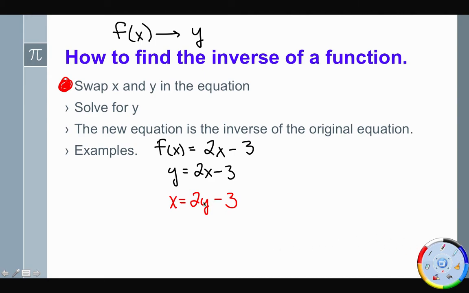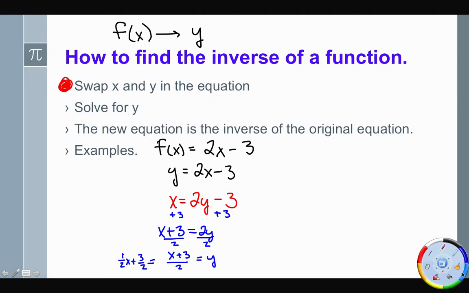And now we need to solve for y. So we need to get y by itself. We're going to add 3, and we get x plus 3. We're going to divide by 2. And we're going to say this is y equals x plus 3 all over 2. Another way to write this is 1/2 x plus 3/2.